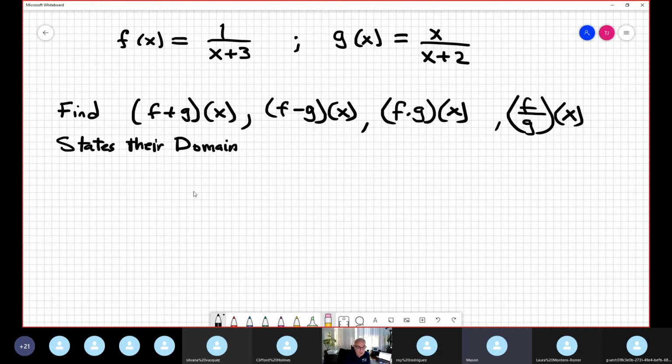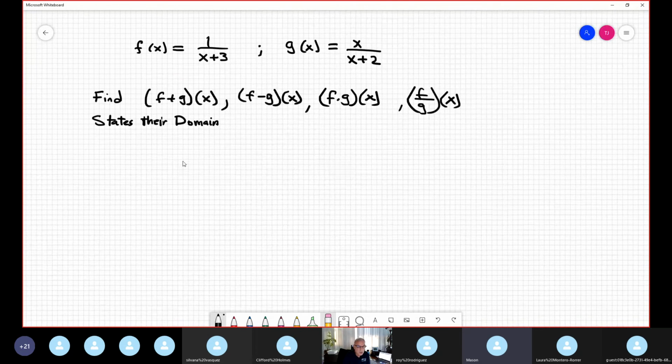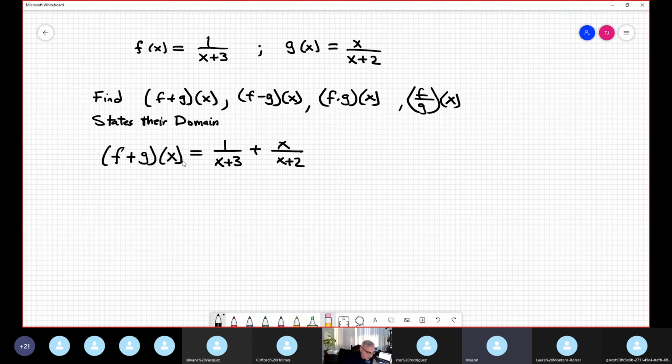I go to the addition. Addition is f plus g of x is 1 over x plus 3 plus x over x plus 2. And that's it. Well, yes and no. You can leave it like that, but I like you to condense it in one expression.